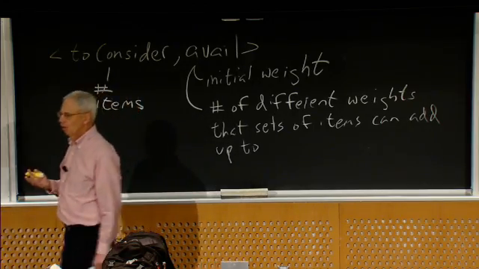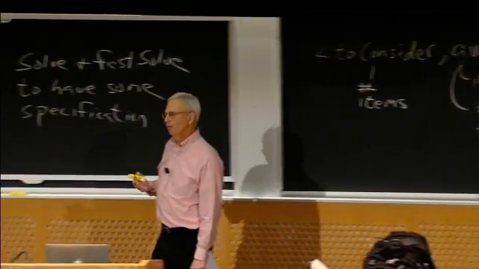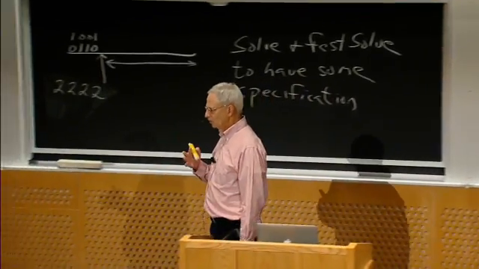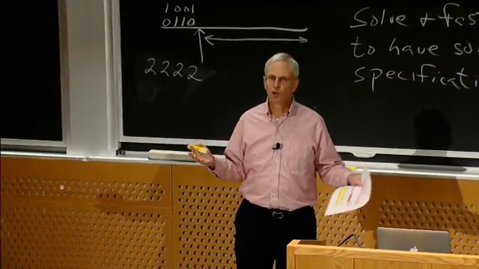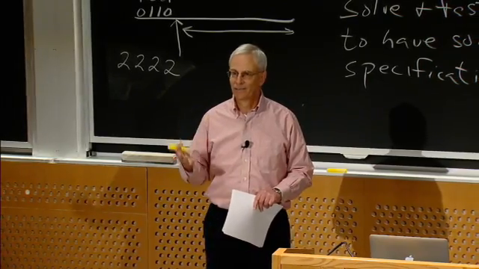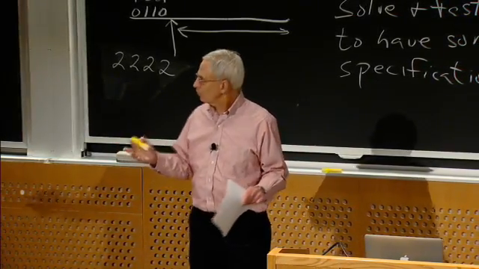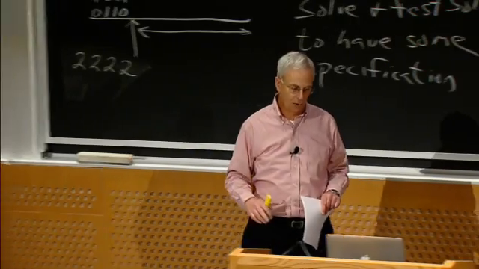Because you'll recall the whole secret here was that different sets of items could actually have the same total weight. And that's why we had this business of overlapping subproblems.